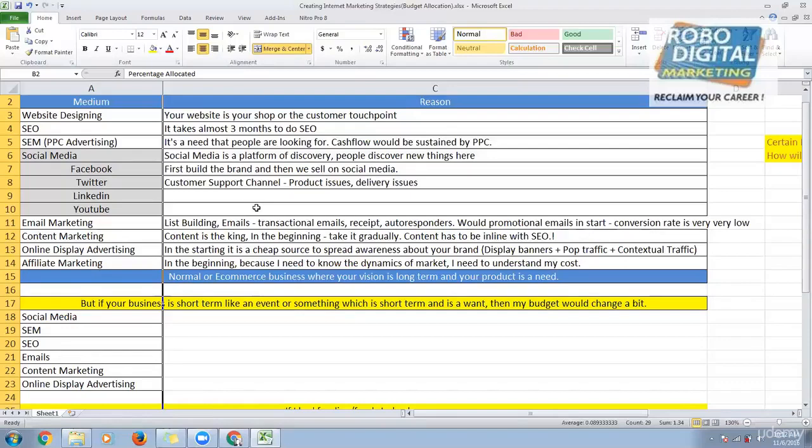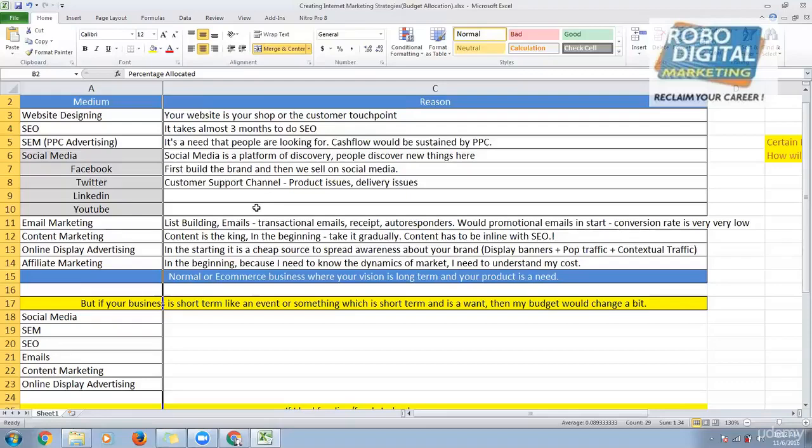Okay, let's talk about the second case, where I'm promoting a business which is short term, like an event, like I am promoting a book fair which happens in Delhi.